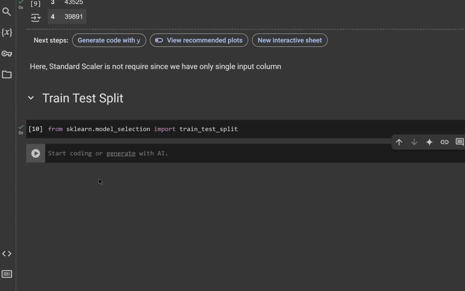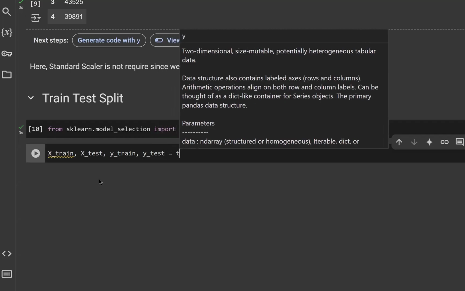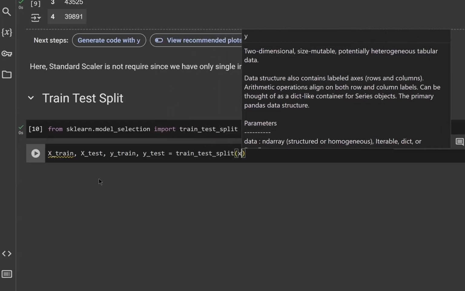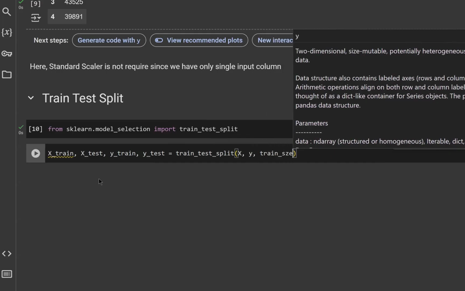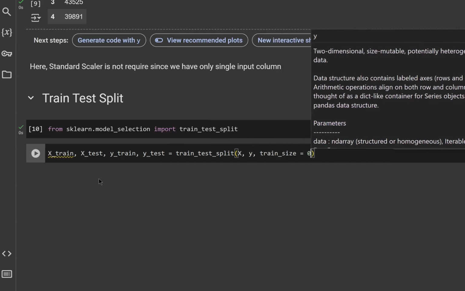The sequence that we use to divide our data into training and testing: X train, X test, Y train, Y test. Don't guess, guys. Then train_test_split on X and Y, input and output, with test size 0.2 and train size 0.8, which means 80%.